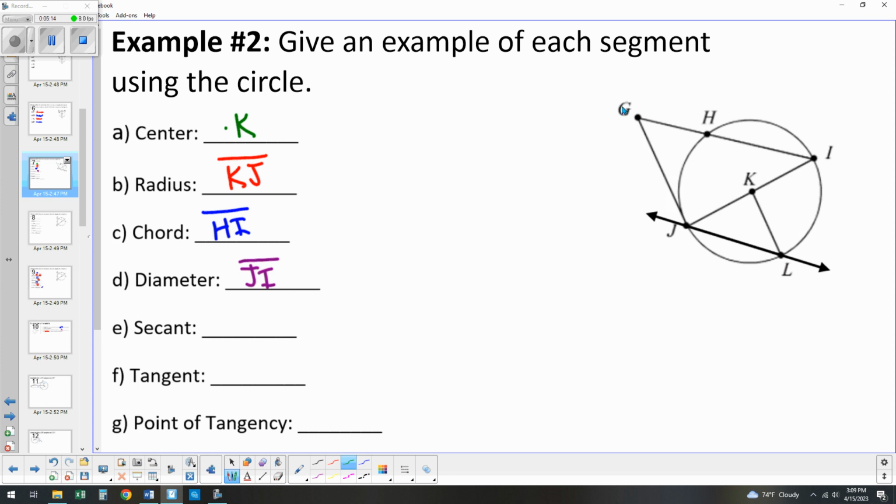So we could either say line IG or line JL, so let's say JL. Tangent touches the circle exactly once. So the only one that I see on the outside that touches the circle once is GJ. And then the point where that touches the circle is at point J. So that's my point of tangency.